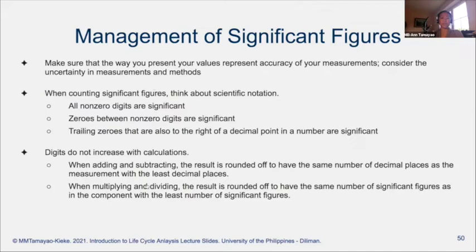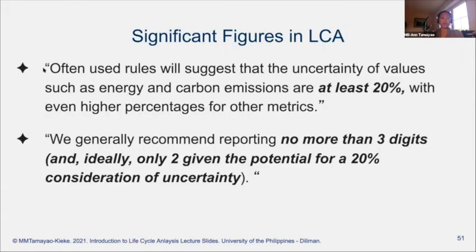In general, often used rules will suggest that the uncertainty of values such as energy and carbon emissions are at least 20%, with even higher percentages for other metrics.